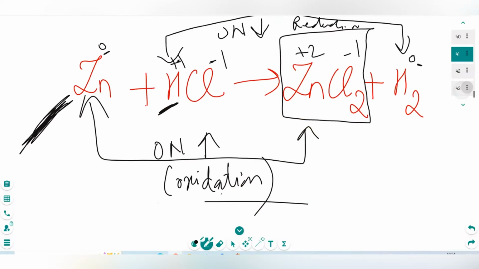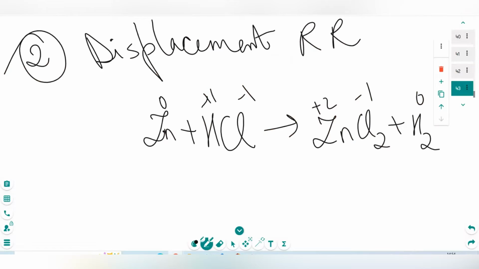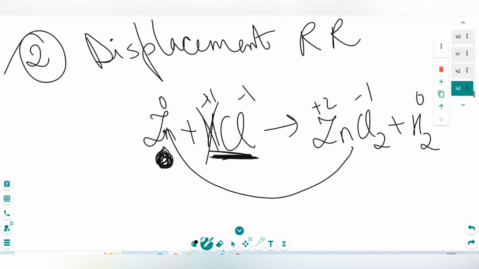But what is actually happening is that this Zn was alone, and it is replacing hydrogen from here and combining with chlorine, and hydrogen is getting removed. He threw him out. That means it is a displacement reaction.